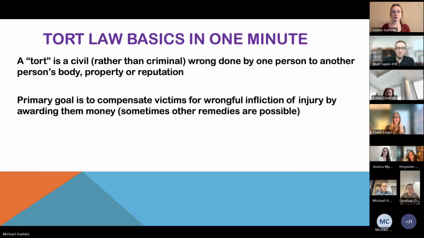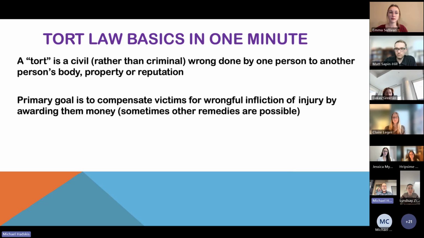So let me give you some basics on tort law in under a minute. Here you have a definition at the top of the slide. A tort is a civil rather than criminal wrong done by one person to another person's body, property, or reputation. Basically, when a person suffers some sort of harm, they can usually seek compensation under tort law for the harm that's been caused to them.